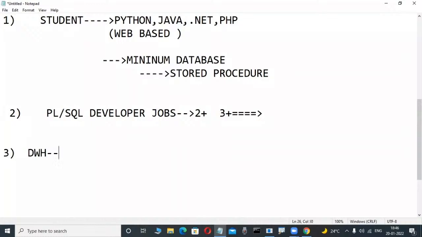In that, there are ETL programmers and reporting programmers. ETL stands for extraction, transformation, and loading, and there are ETL tools. These persons need a little bit of SQL knowledge; PLSQL is not required. Having an idea of SQL, they learn the tools in institutes. Informatica is a very popular tool.